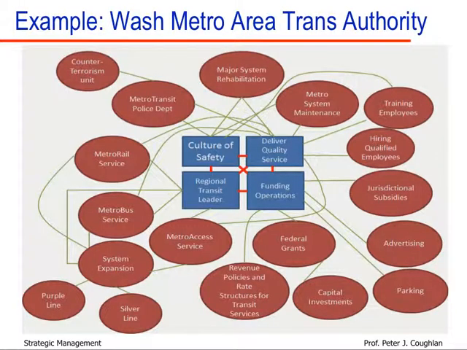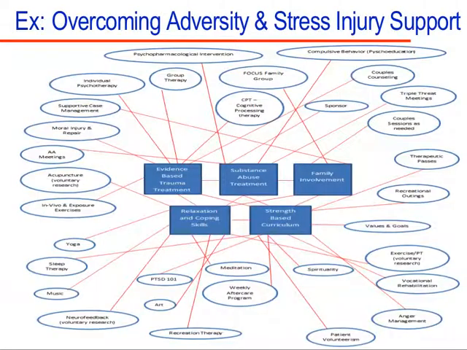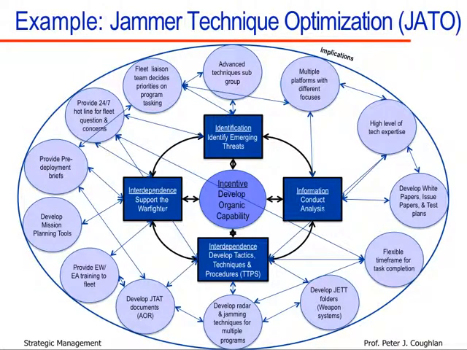This is the Washington Metro, again the goals in the middle and the activities that serve those goals on the outside. Here, the Oasis, the same idea. Here's one, JATO, a similar idea in terms of the different objectives and the activities that support those objectives arrayed around here.